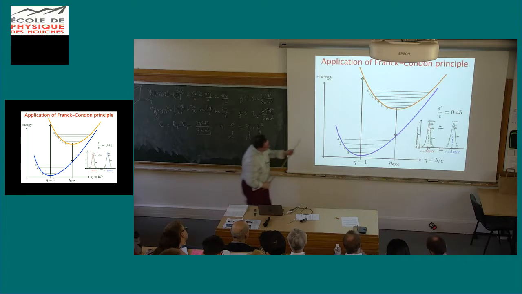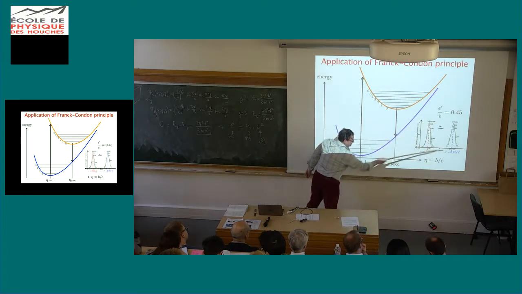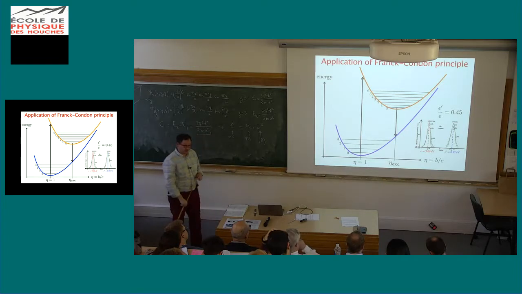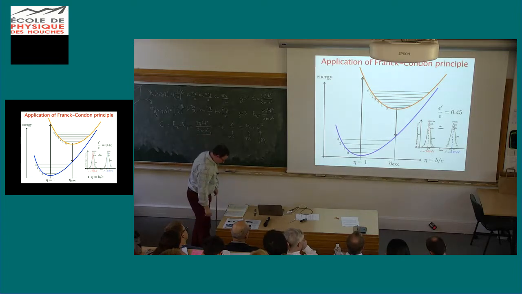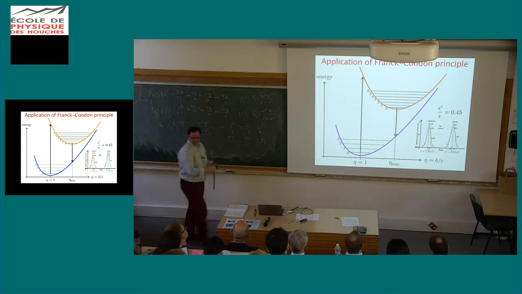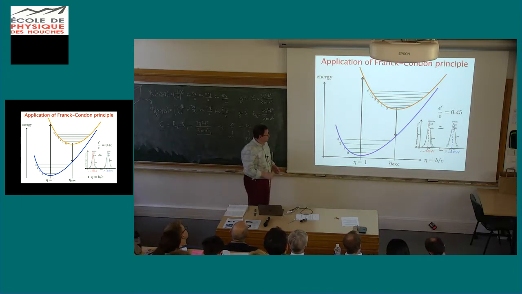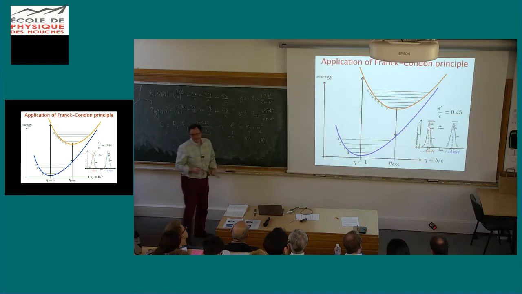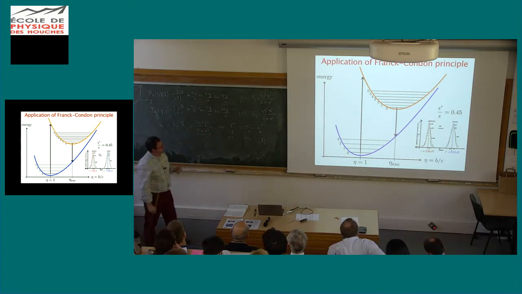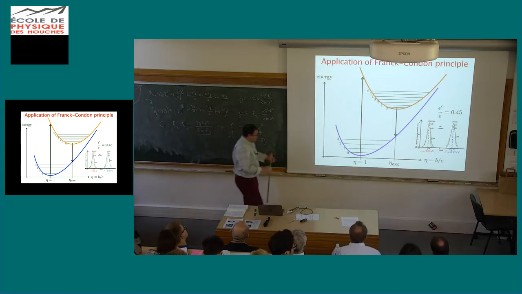Instead of finding 0.45 from the experimental value of the Stokes shift as a ratio of the two energies, I find 0.4, just by this very crude model. So now we can understand the luminescence spectrum by simply applying the Franck-Condon principle that we all know.